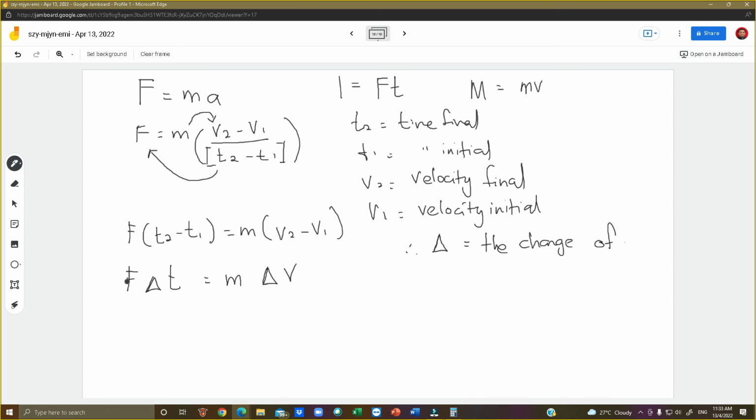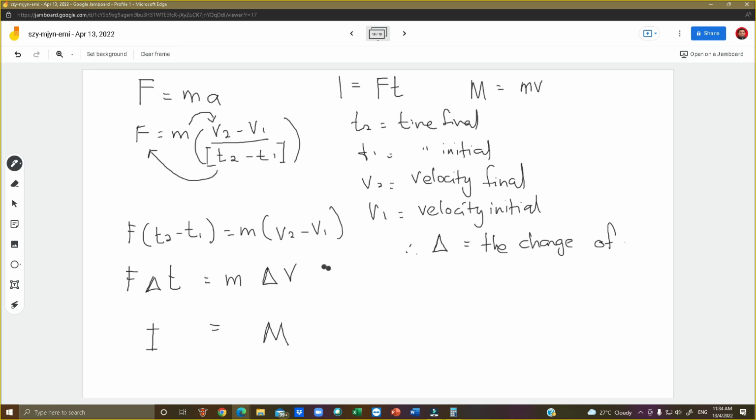So F, change of t is impulse. Ingatan ni. And m, change of v is momentum. This is how you got I will always be equals to p from the force itself. And this is what we call as impulse momentum theorem.